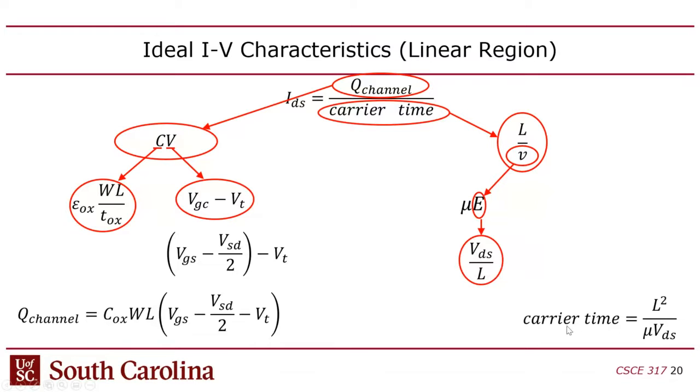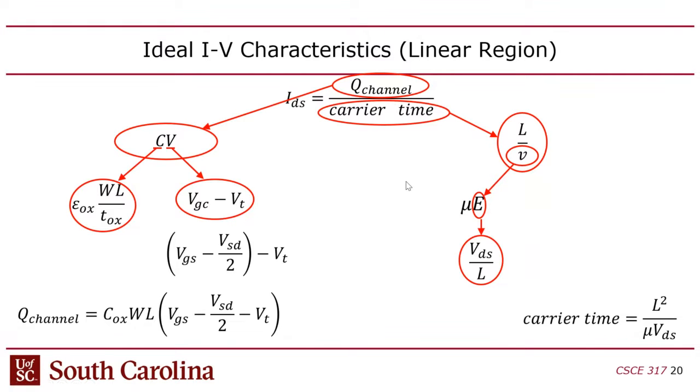So if you put all this together, the carrier time is L squared divided by mu VDS. Now you'll notice that there's an L in the numerator, and there's an L squared in the denominator. So obviously the L in the numerator is going to cancel out, and you'll end up with just an L in the denominator.